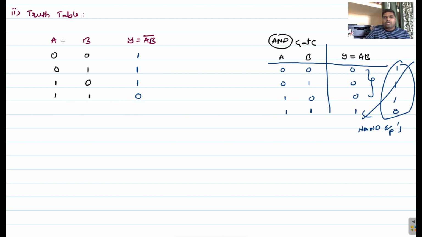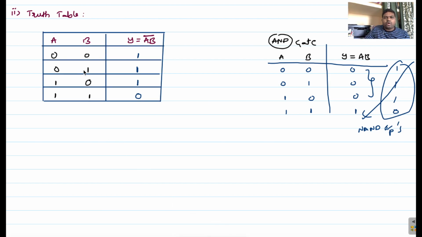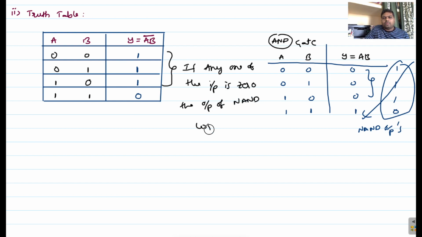So this is the truth table of NAND logic. If you observe the first three possibilities, what can you conclude? If any one of the input is 0, the output of NAND gate is 1.